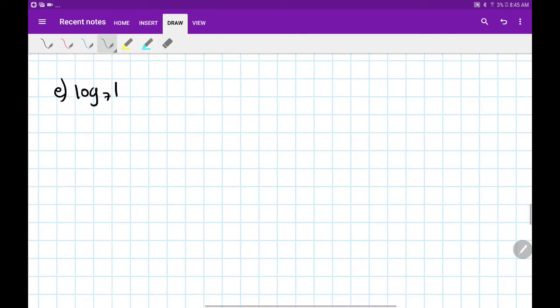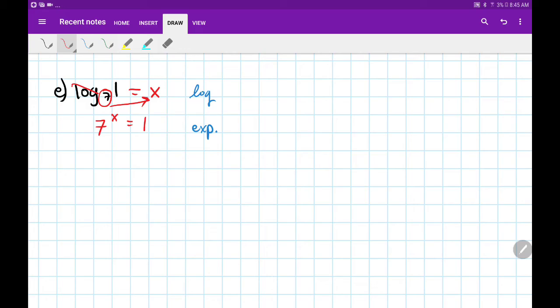Okay, last example, E. So if I want to evaluate a log, I need to write equals x. That way, I can go from log form to exponential form. Are you ready? Cross out the log, start at the base of 7 to the power of x equals 1.